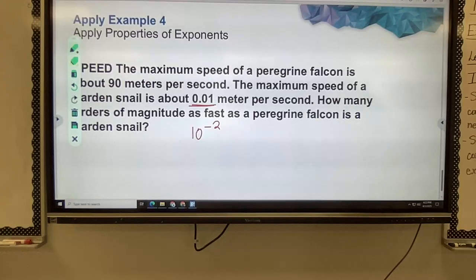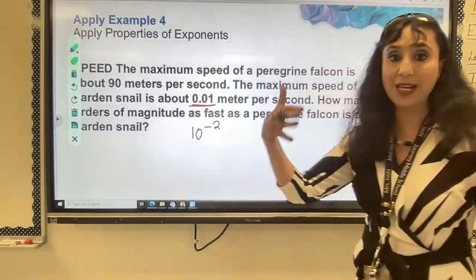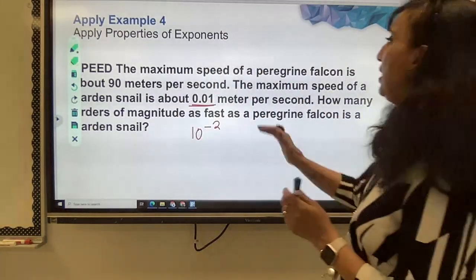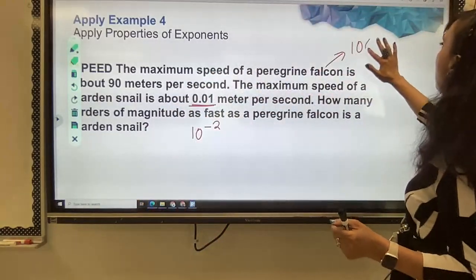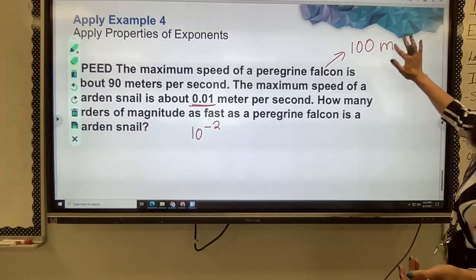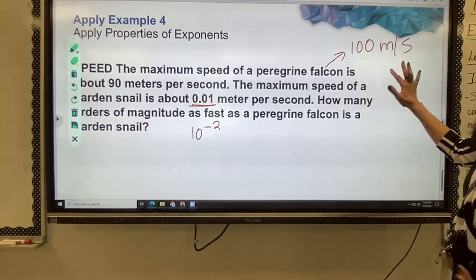Now, let's look at the maximum speed of a falcon. It's close to 100 meters per second. Okay, so because we are saying 90, but we are going to estimate, it is going to be about 100 meters per second for a falcon. And if I'm saying 100 meters per second, that means that this one is going to be what? 10 squared, right?